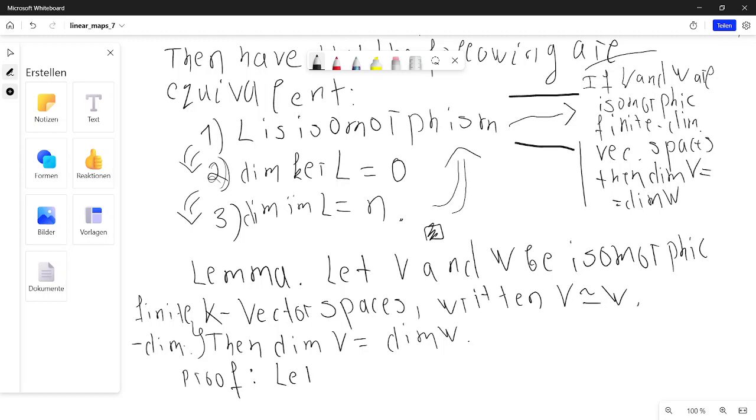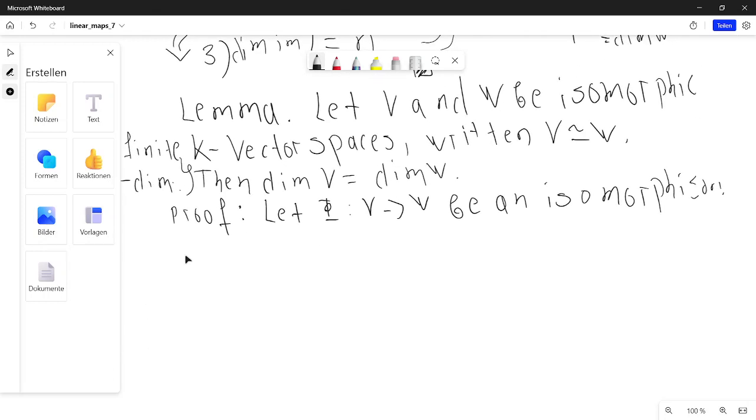Proof: let phi from V to W be an isomorphism, then let B_V equal v1 to vn, so it is finite dimensional, so the basis will have a finite number of elements, right?